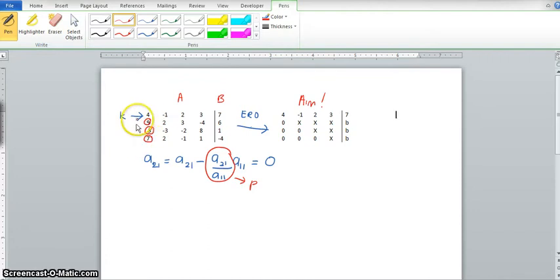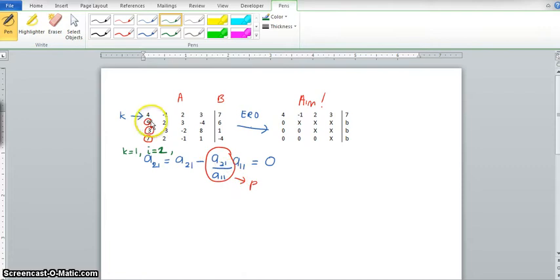It means that when K equals to 1, and then we want to change the second row, I equals to 2, and P is this one.